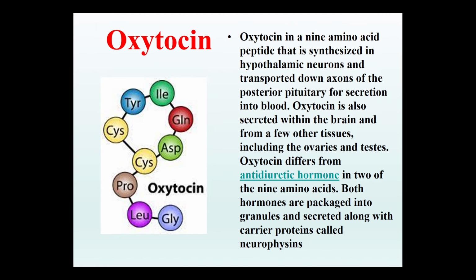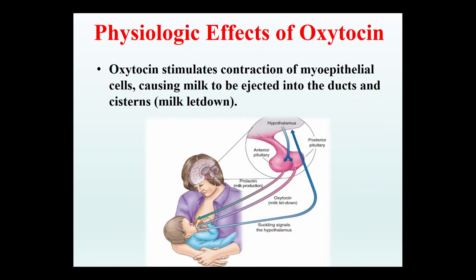The most important stimulator for the release of hypothalamic oxytocin is the physical stimulation of the nipples. The act of nursing or suckling is relayed within a few milliseconds to the brain via a spinal reflex arc.